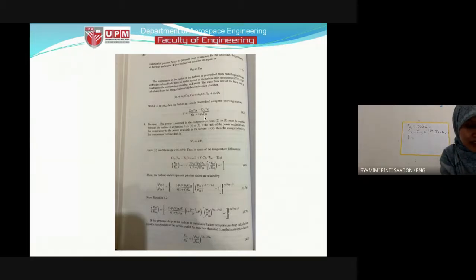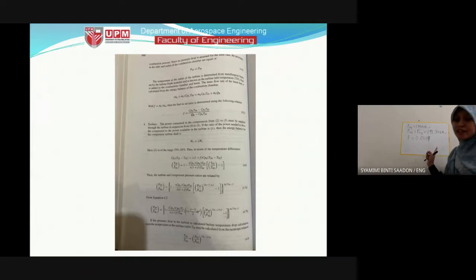So we can calculate this F. So F is 0.0209, or about 0.02.